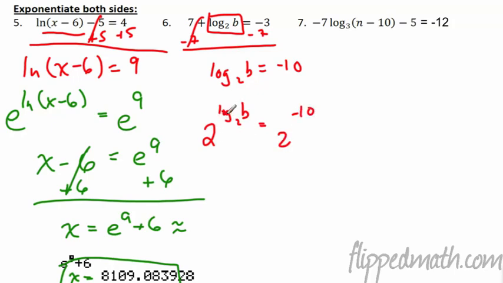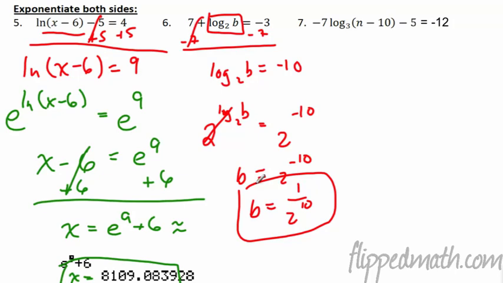These cancel each other out, and we get b equals 2 to the negative 10th, or b equals 1 over 2 to the 10th. I'm just going to leave it like that. I could figure out a decimal if I wanted to, but this way it's a little more accurate because I've got all the numbers right there. I can figure it out to as many places as I want.